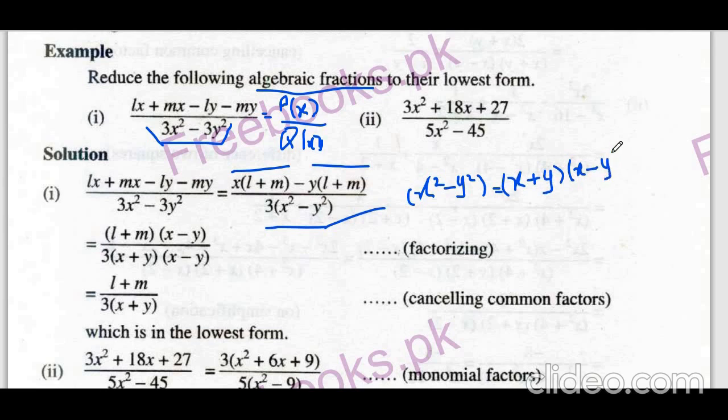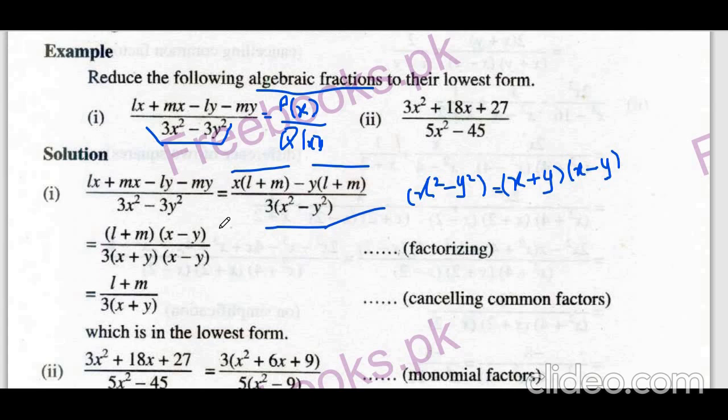This is an algebraic formula which we can use here. x square minus y square equals x plus y into x minus y. Just apply this algebraic formula on the term x square minus y square, which becomes x plus y and x minus y. We factorize this term. Okay, we factorize these two polynomials.